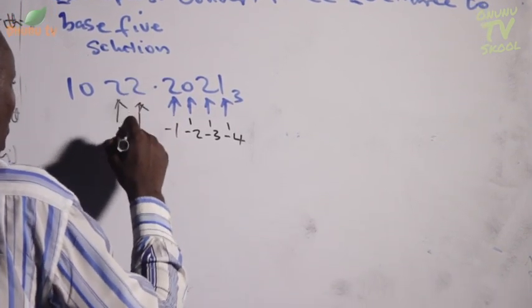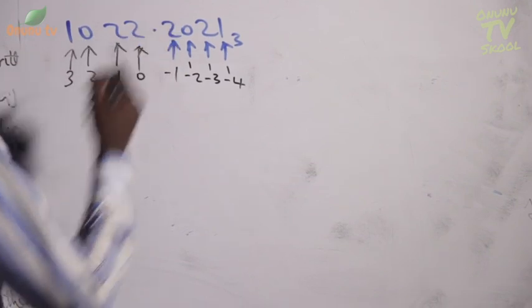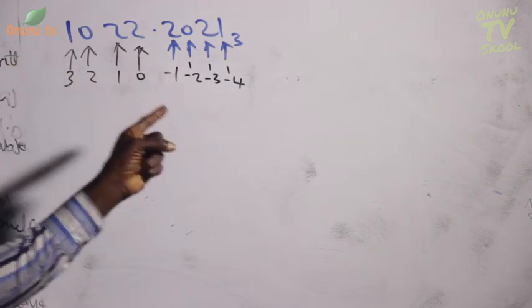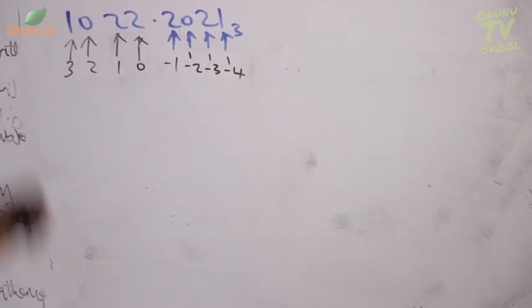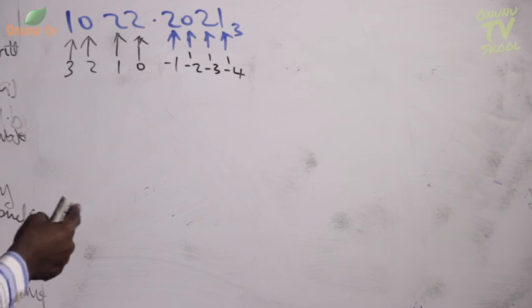Whenever after the decimal point, the first digit should carry -1. Then progressively -1, -2, -3, -4 in that order after the decimal point. But in the case of a whole number, you start from 0 and progress to the left.